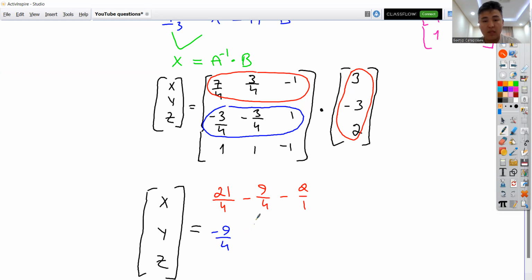Then -3 over 4 multiplied by -3 gives a positive 9 over 4, and the third by third gives positive 2. The last row: 1 multiplied by 3 is 1, 1 multiplied by -3 is -3, and -1 multiplied by 2 is -2.